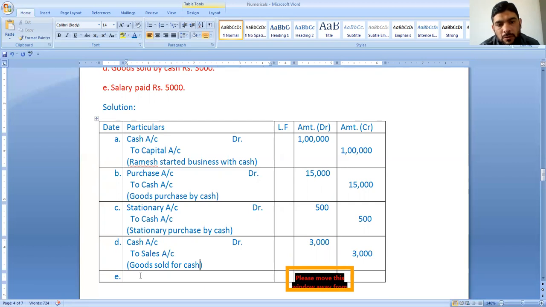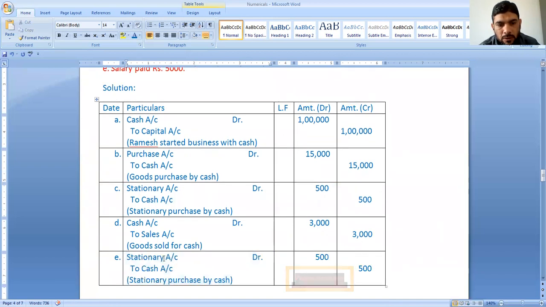Last one is salary paid. Salary paid, that means we have made the payment for the salary and the cash has gone from the business and the payment of salary of rupees 5,000 has been made. It means salary as an expense, it will be debit.